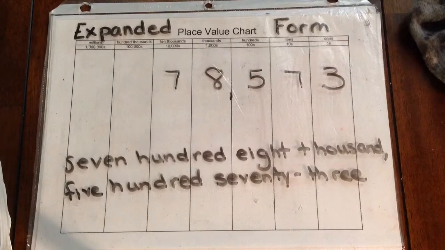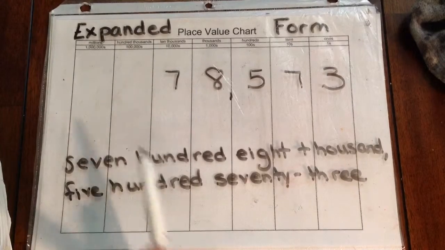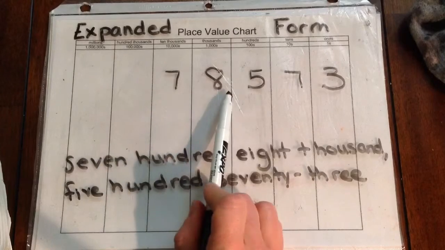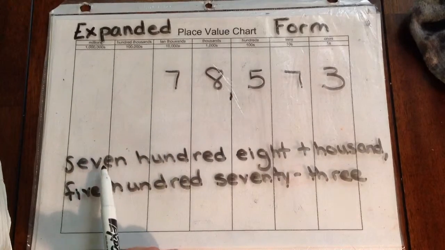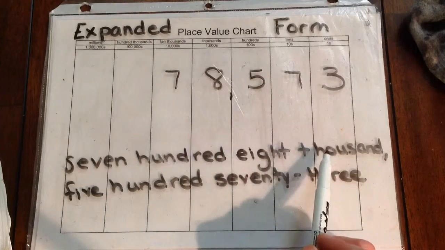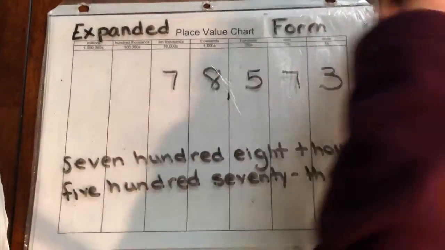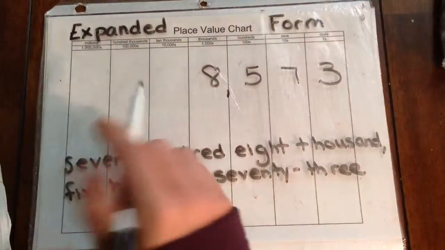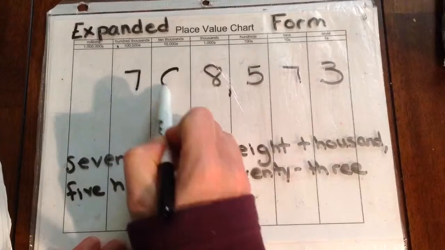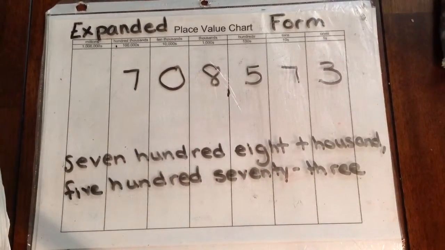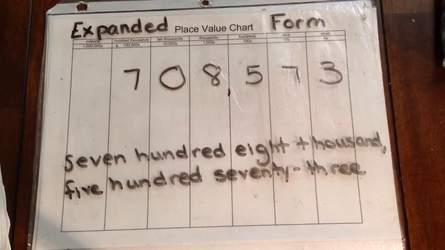Hopefully you said, no, Mrs. Barnes, absolutely not, because this is 78,573. This is 708,000. So I think we have a little bit of a problem. We need 708,000. Now does it look right? Hopefully you said yes.